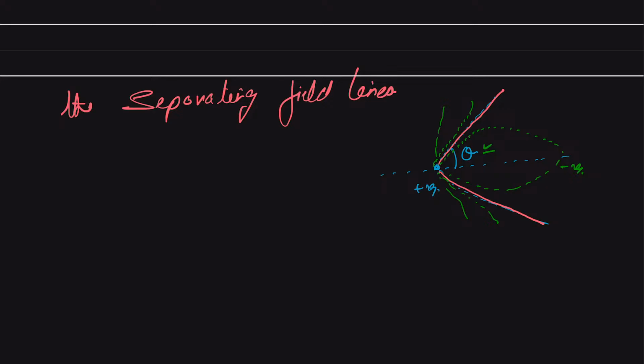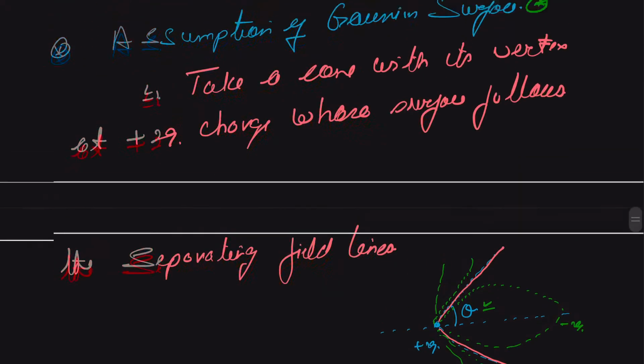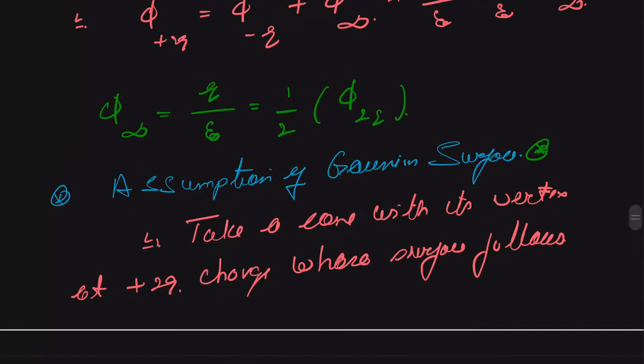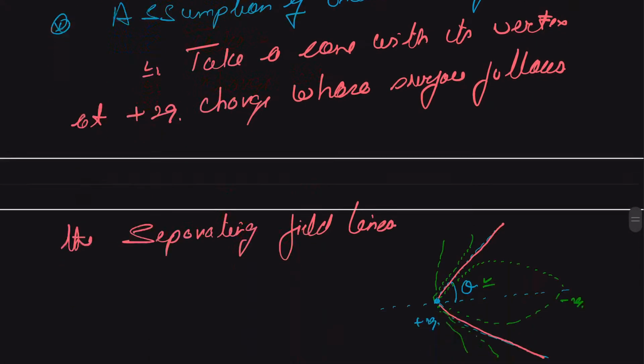For that, we know the flux going to infinity is q by epsilon naught, which we have already calculated.